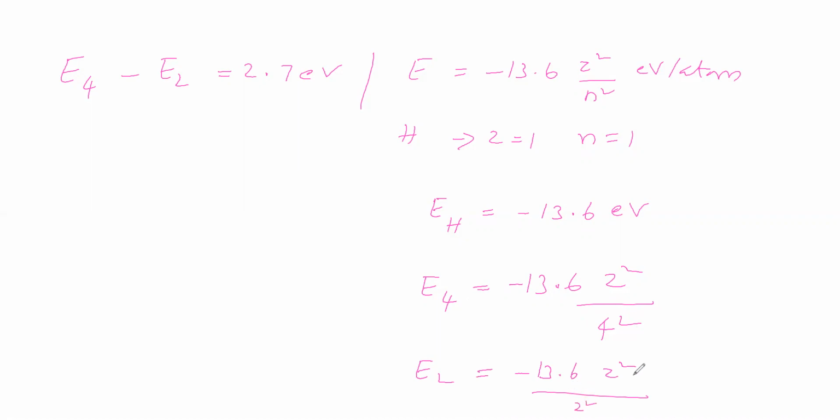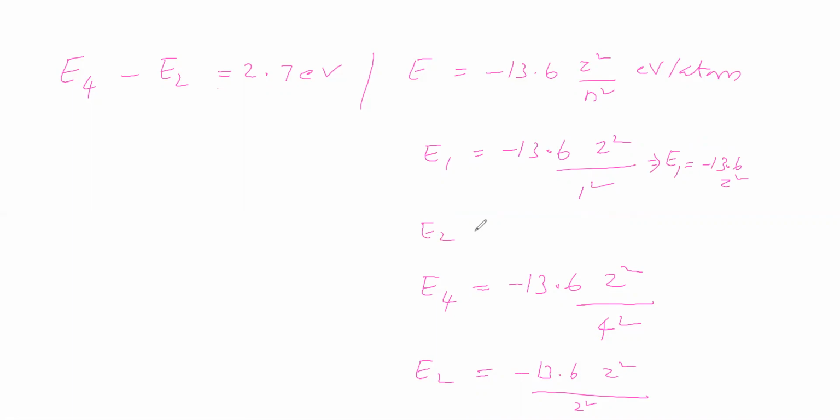Then we will take E1: minus 13.6 into Z square by N square, N is 1, so 1 square. So here we can say E1 is equal to minus 13.6 into Z square.